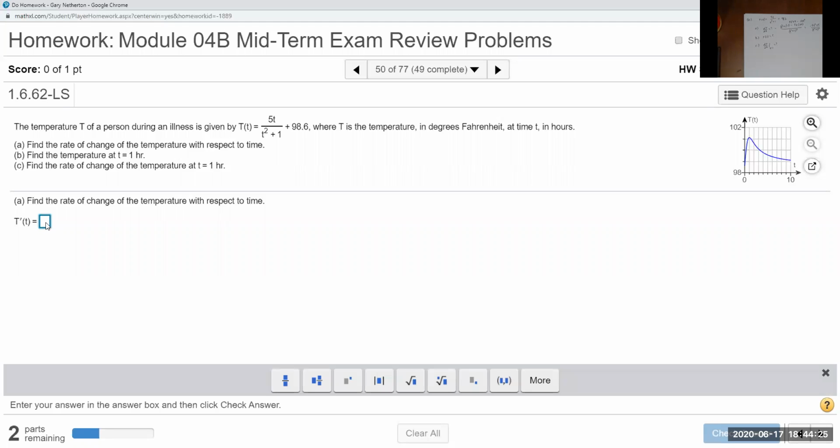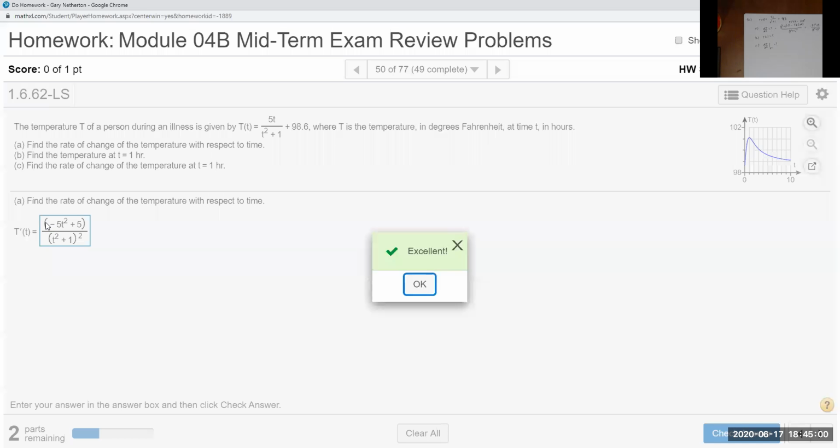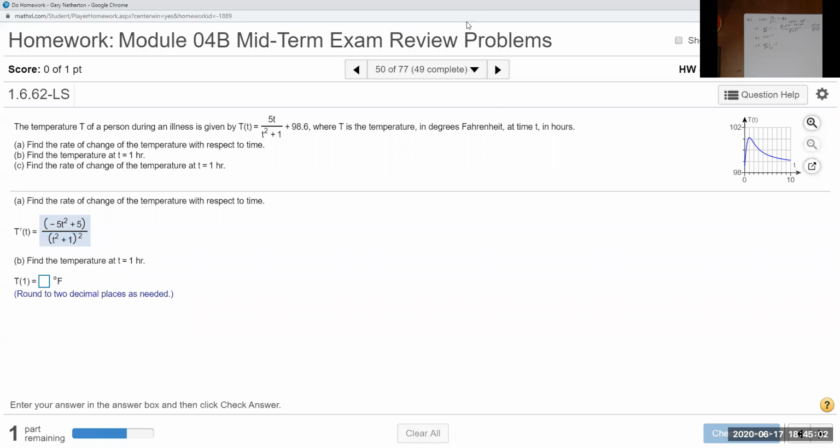So we're saying the derivative is going to be negative 5t squared plus 5 over the quantity t squared plus 1, squared. All right, that's good. So let's go back and keep working.